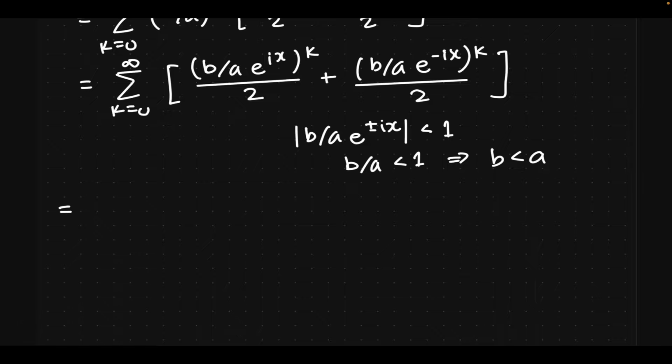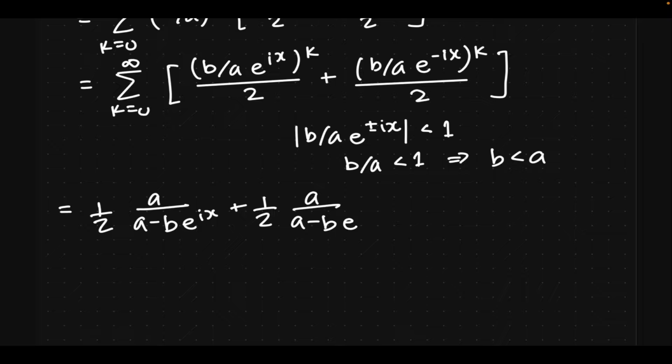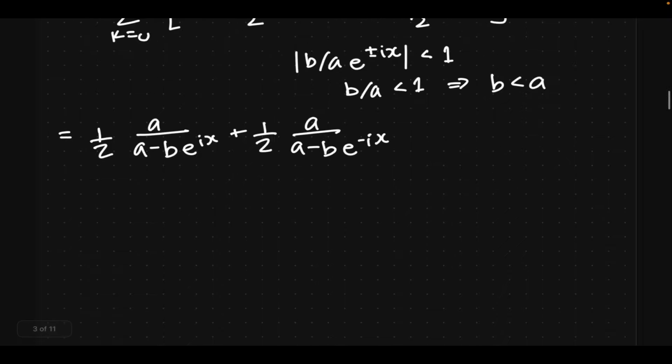Okay, so using the infinite geometric series formula, we're going to get a over a minus b times e to the ix plus 1/2 a over a minus b e to the negative ix. We can simplify.